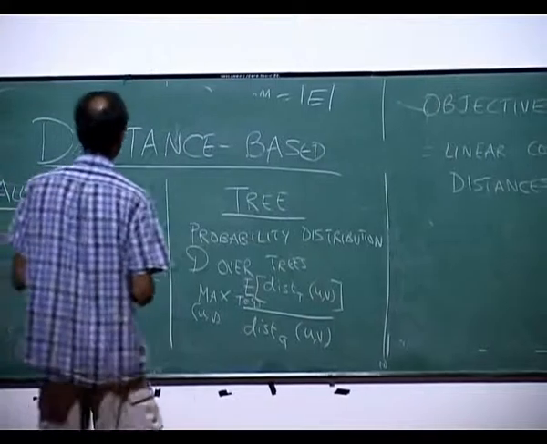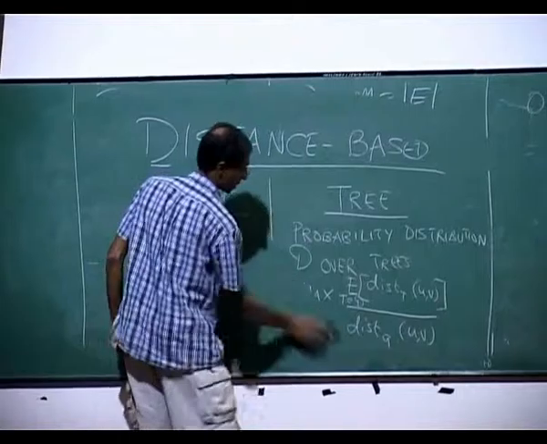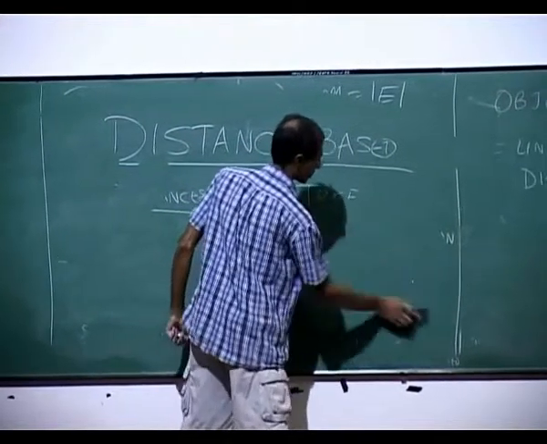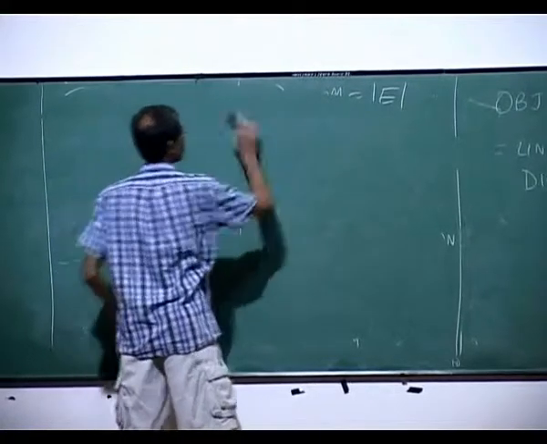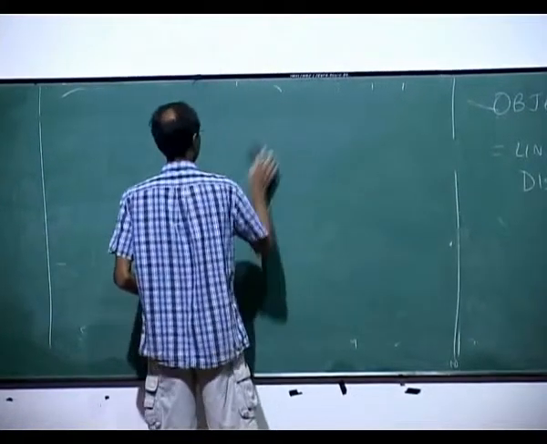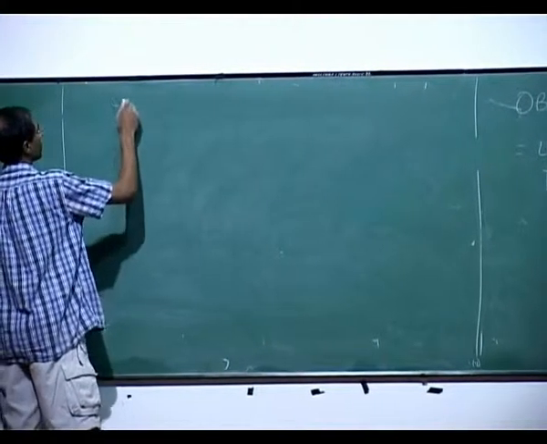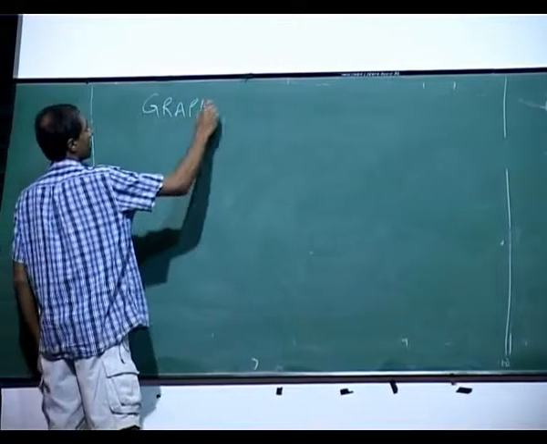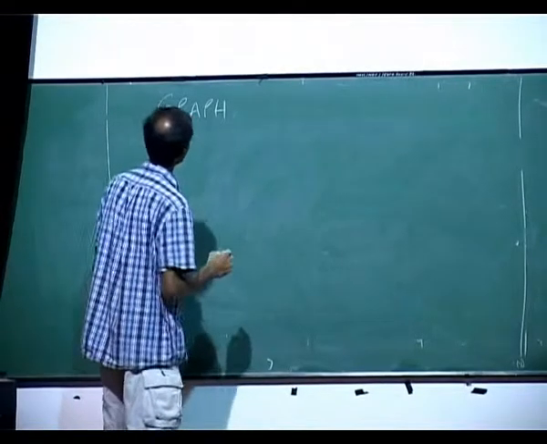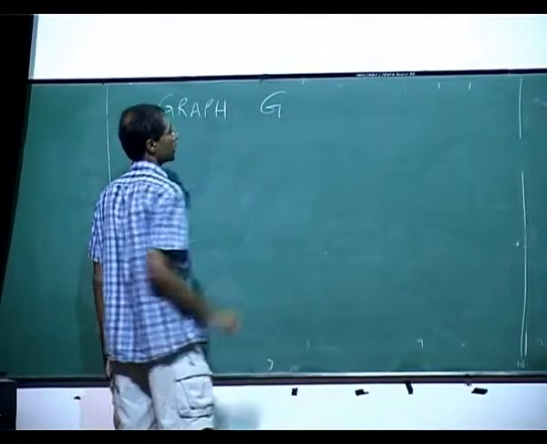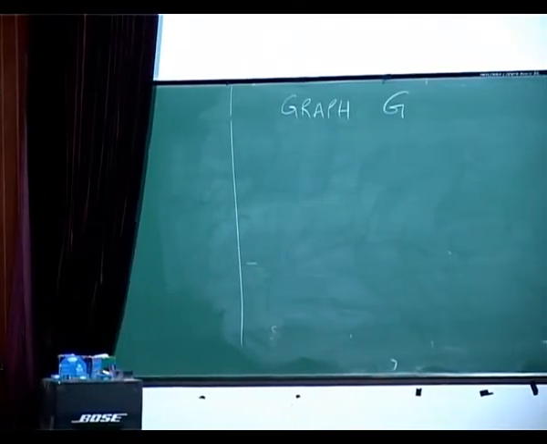Okay? So let me give you one example, and this could also be viewed as a problem. In fact, I think it's a reasonable problem. Let's suppose I give you a graph G. It's kind of like this multi-commodity flow problem that we described.